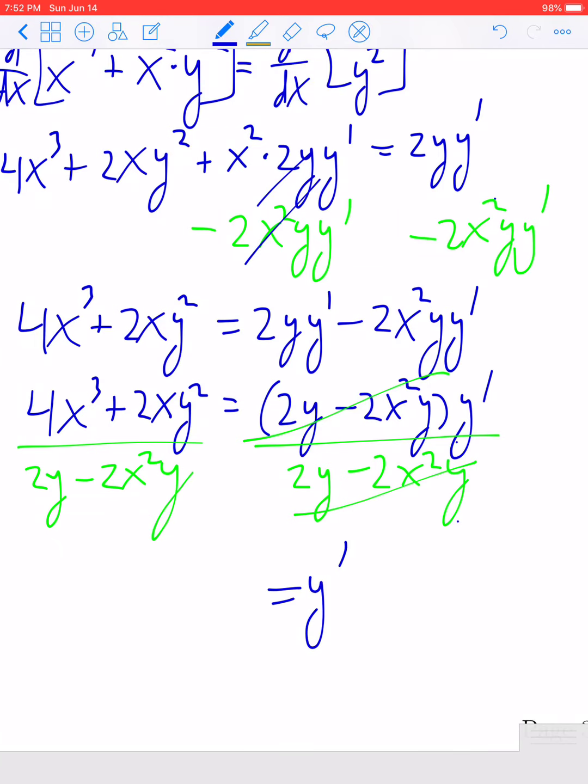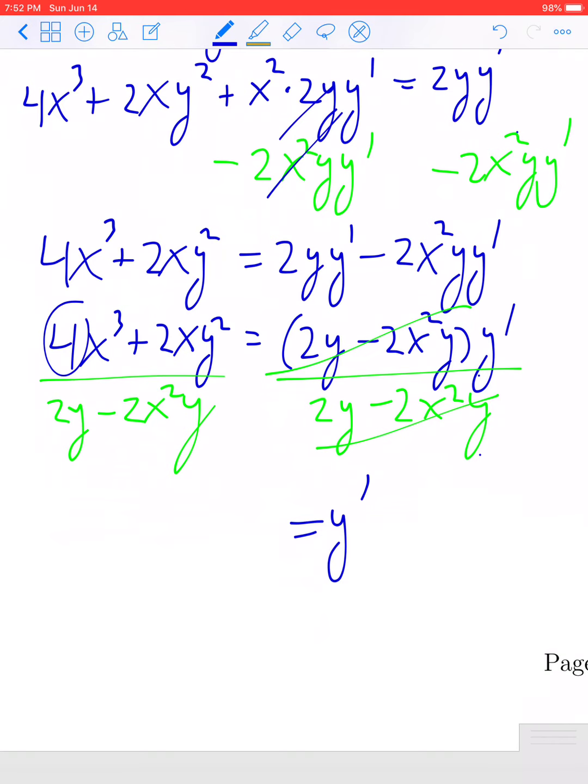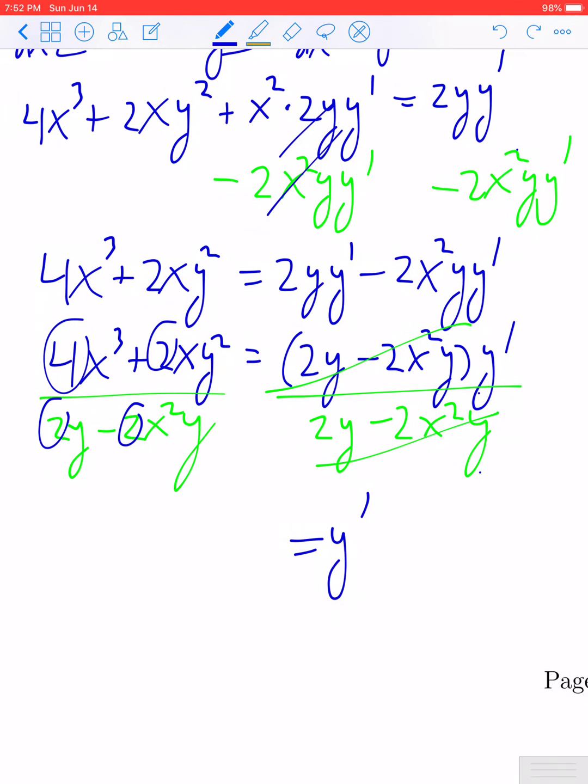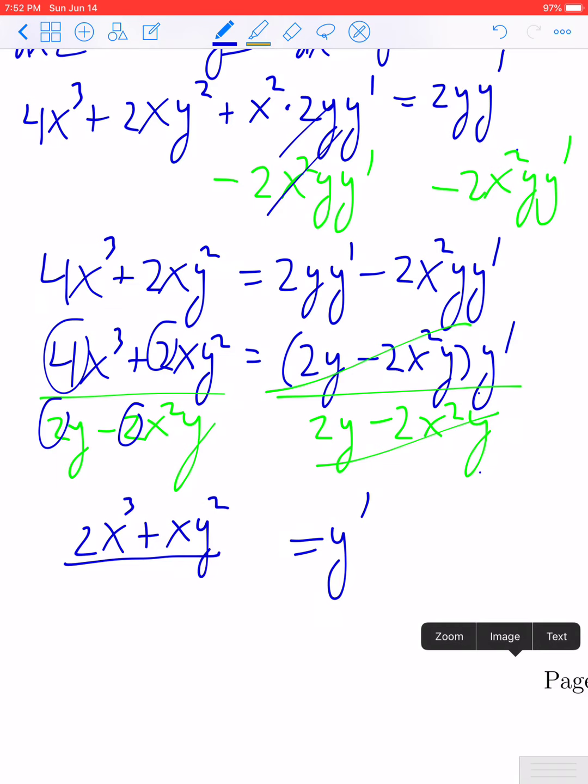Y prime equals, and when I write this down, notice that every one of these coefficients is divisible by 2. So let's go ahead and divide that out. In simplified form, this is going to be 2x cubed plus x y squared divided by y minus x squared y.